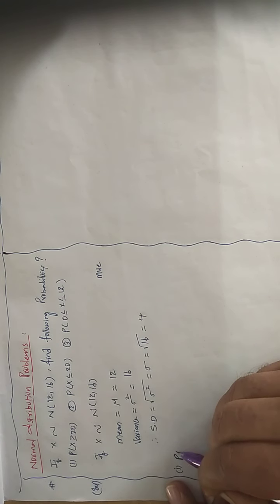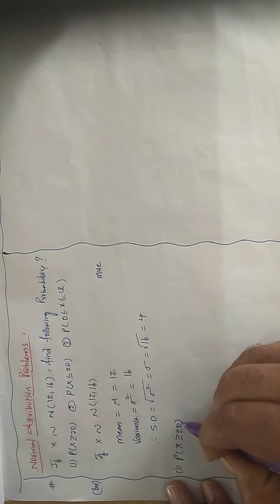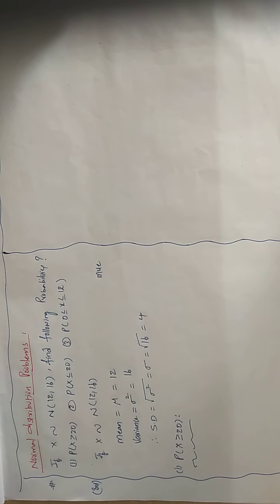Calculation of the probability. Probability of x taking greater than or equal to 20. So this is the first probability provided to you. Remember that whenever a problem is given, immediately that x variate's z value you need to calculate.